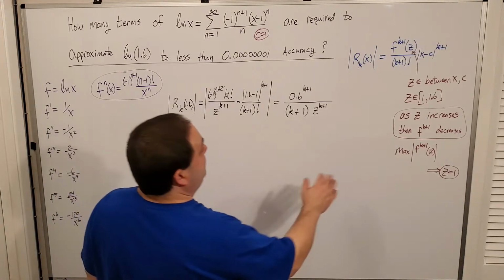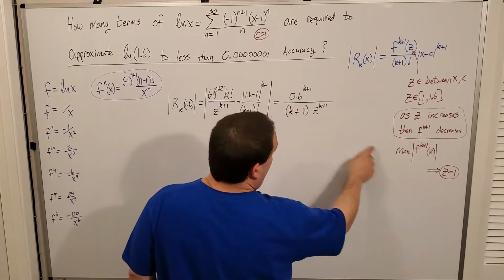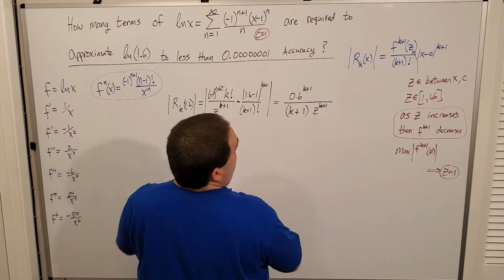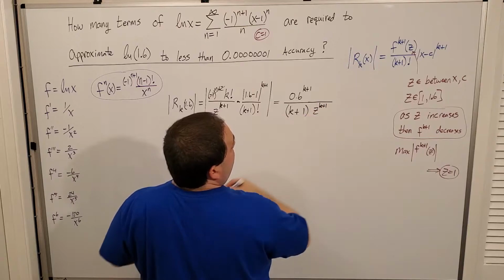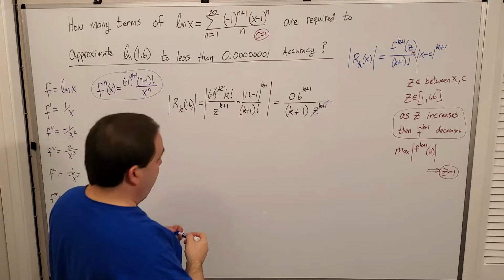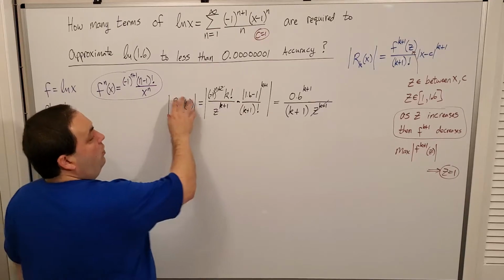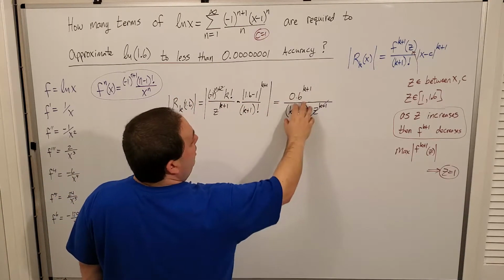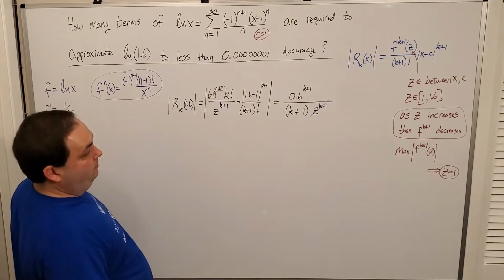So that's going to max out my value if I let z equal 1. Well, that's nice and convenient. If z is 1, then this piece right here is just times 1, which is not going to change anything. So I have a calculation then for my error.